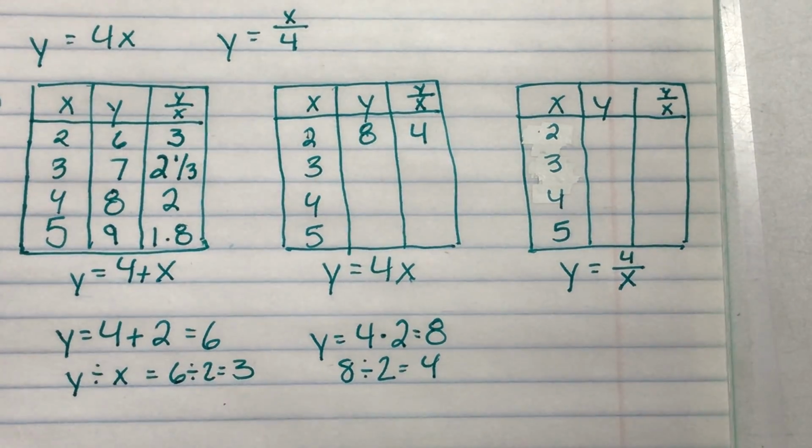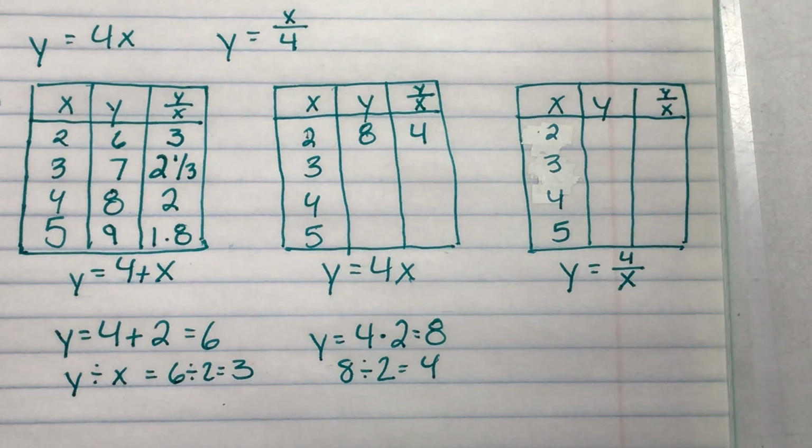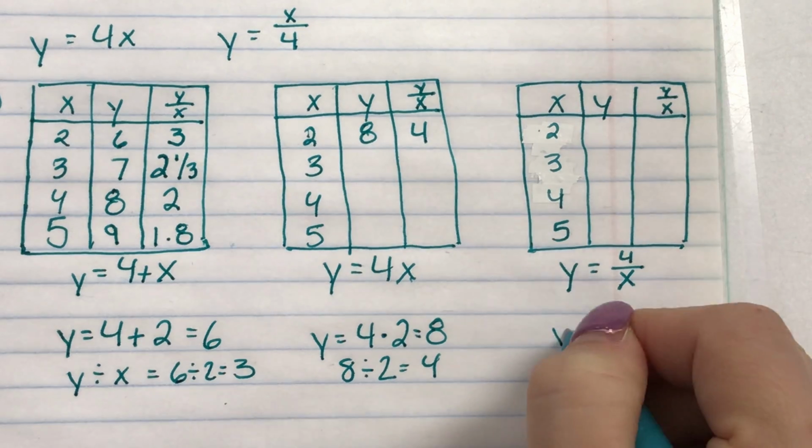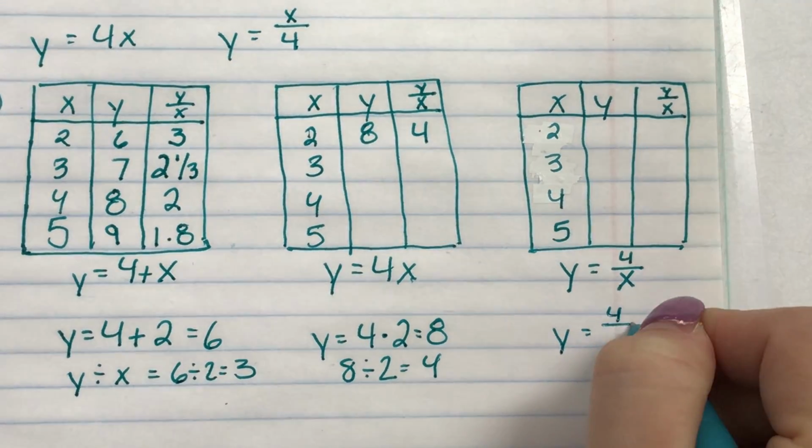So you're just plugging in to multiply. We didn't get this one? Alright, we're just plugging it in. 4 times x, so 4 times what? Right there.